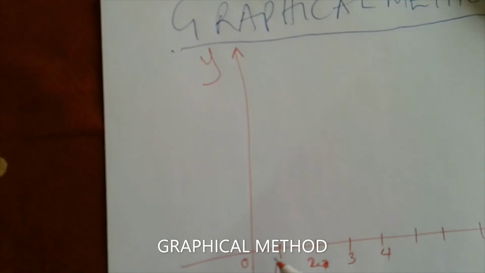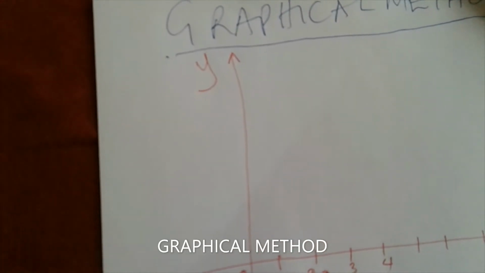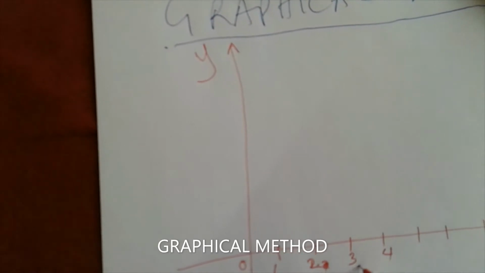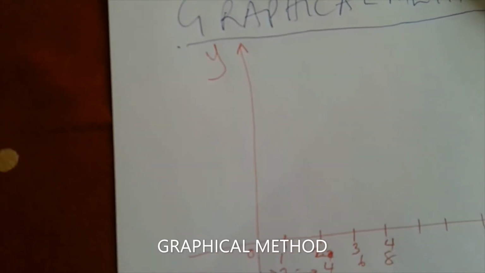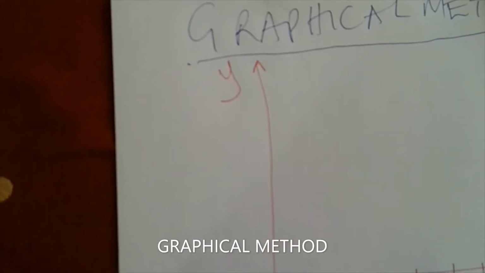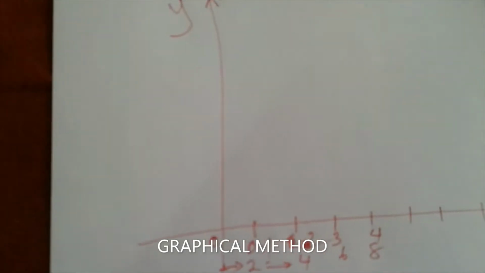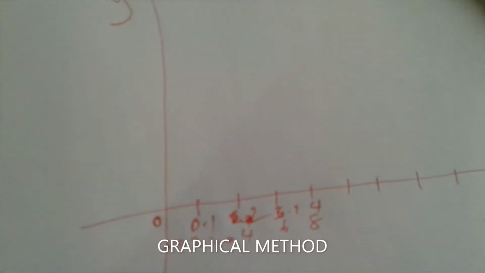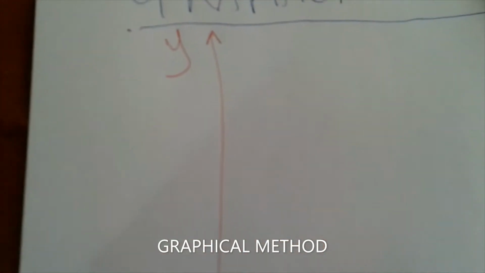Or 0, then 2, then 4, then 6, then 8. So you can see the gaps must be the same. If I start from 0, then 0.1, then 0.2, then 0.3, and so on, to ensure that the scale is uniform.